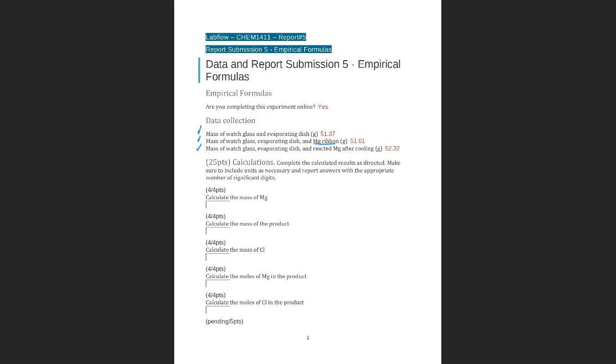You want the mass of magnesium before it reacted. Yes, awesome. Exactly. You are going to do 51.61 minus 50, the empty. Exactly. Very good.